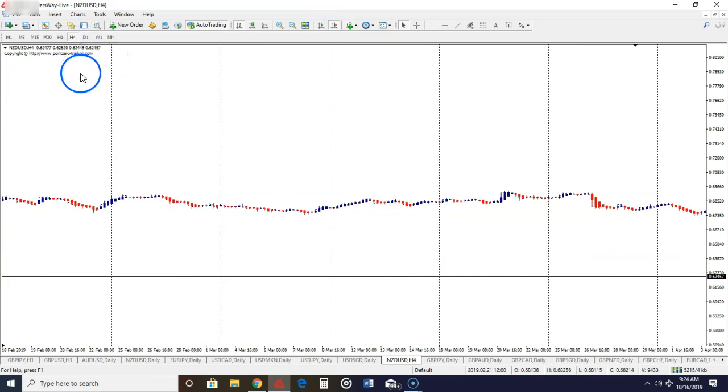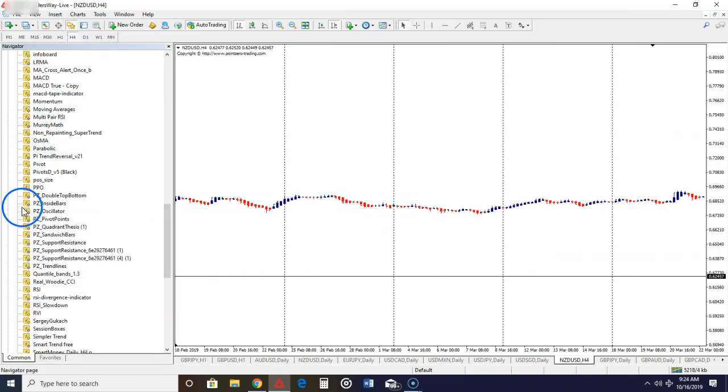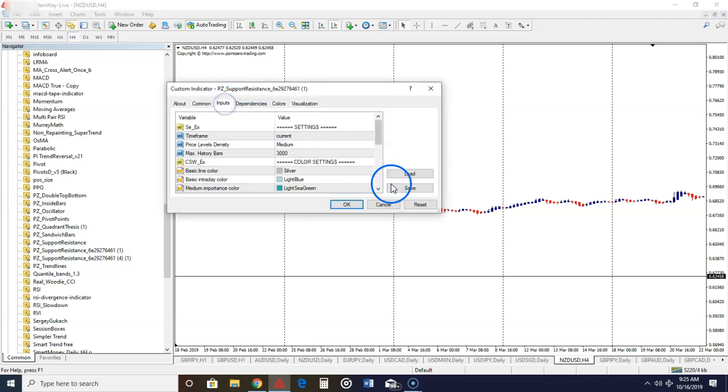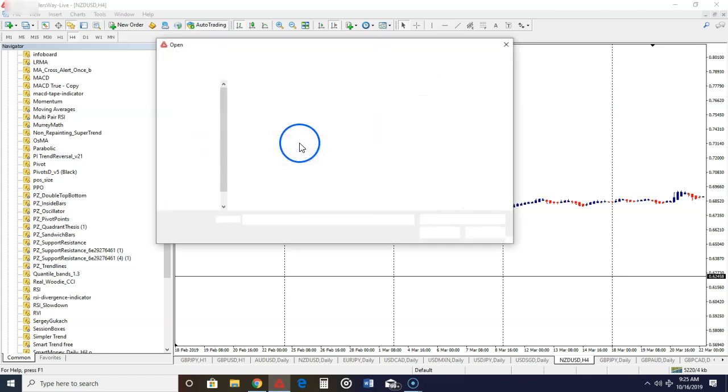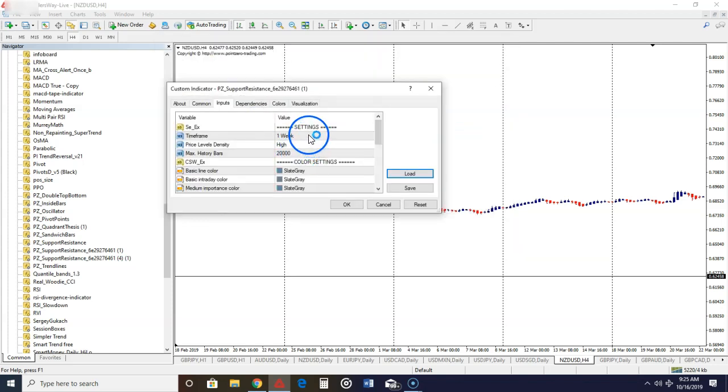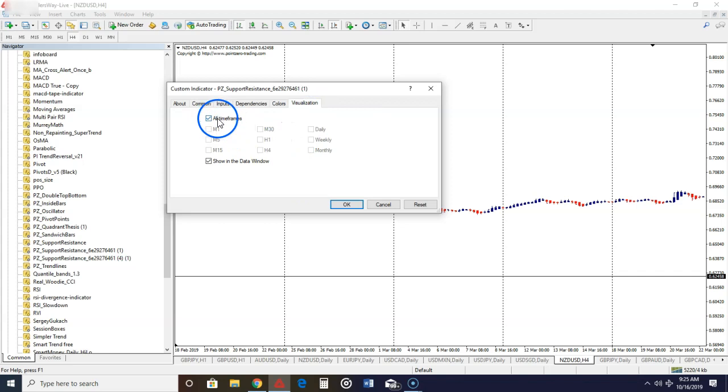Alright, I go to the 4 hour. I'm going to drag it onto the chart again. Alright. Let me load up my preset values. I want to see the daily levels, and I want to see them on the 4 hour time frame.